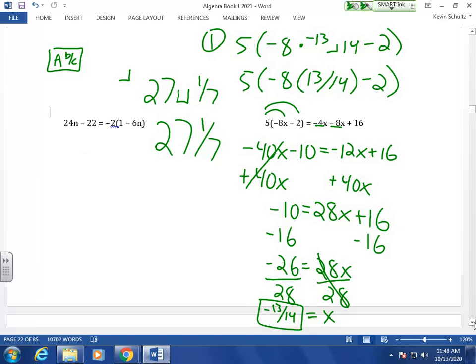We are running low on time. So the other option for checking this would be to get the decimal value, round it, and plug that in. The danger with that, though, is that you might get something like 3.5 for the left and 3.46 for the right, and you might think that you're wrong.